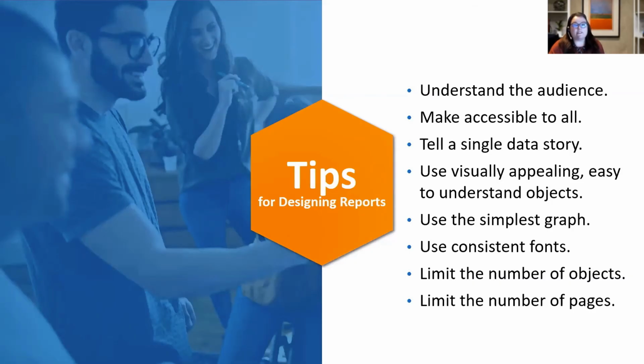We've got lots of fancy different graphs, but if a bar chart can tell me the story, let's just use it. We want to limit the number of objects on any given page and limit the number of pages in your report. If your report is getting up to 7 or 8 pages, you might want to think about creating a second report and then just linking those. And we'll talk about linking reports and pages and even a URL if you're interested.